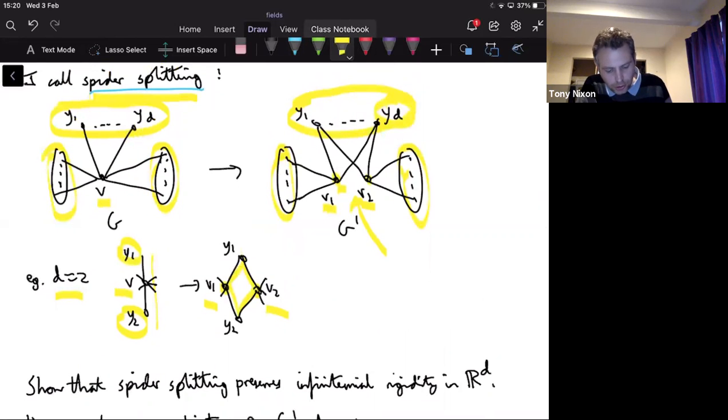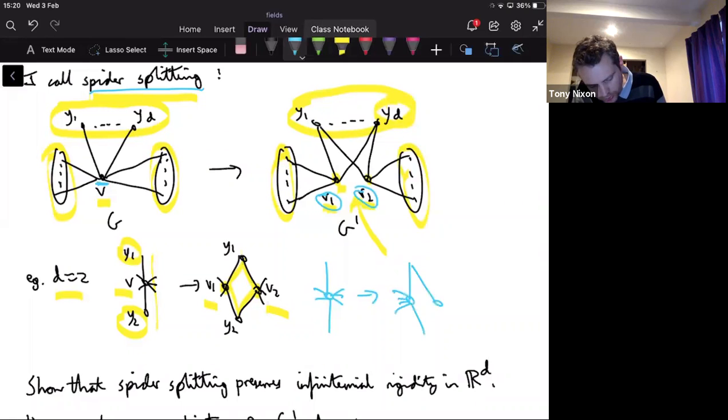So here you can do the same thing I was just trying to explain. You put P of V1 and P of V2 in the same place where V was. And so in fact, let's just do the 2D version, and I'll do it in an extra step. So I have this, and I'm going to do the operation, but I'm not going to split the edges into the 2 parts.